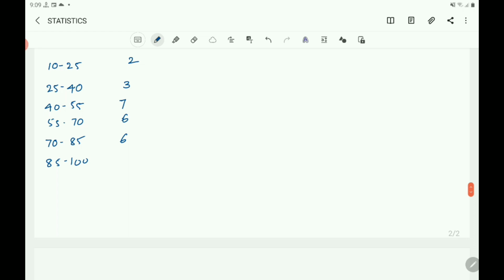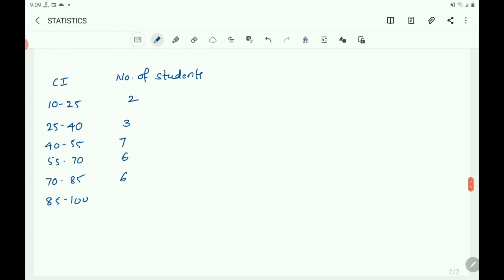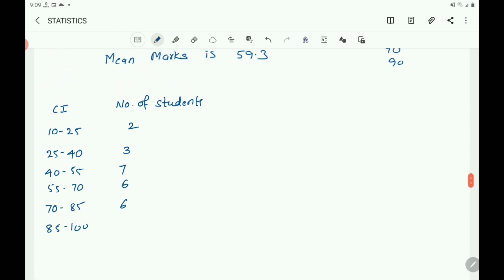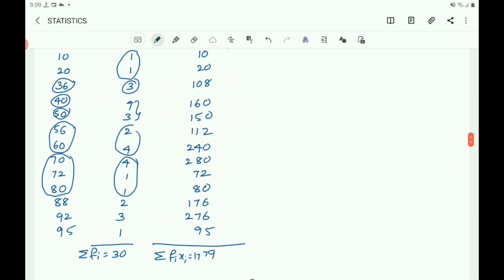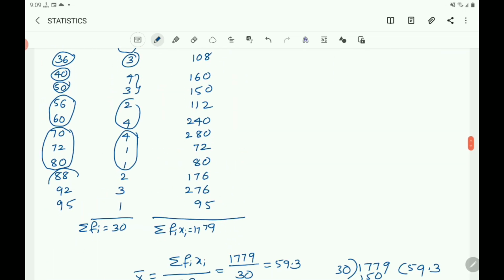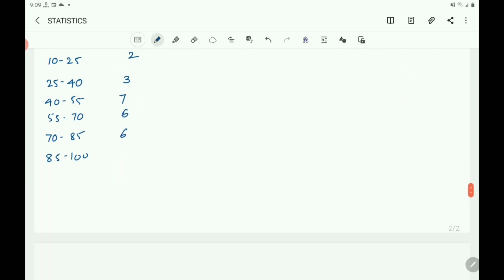Then 85 to 100, you take the sum of this, 2 plus 3 plus 1, again it is 6.